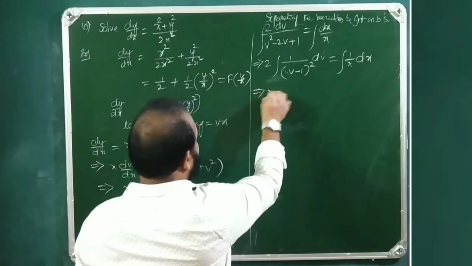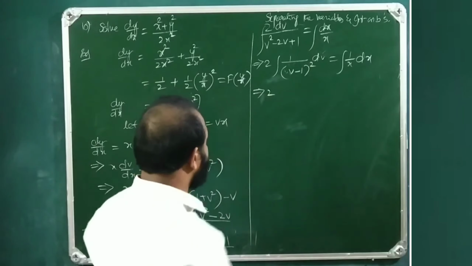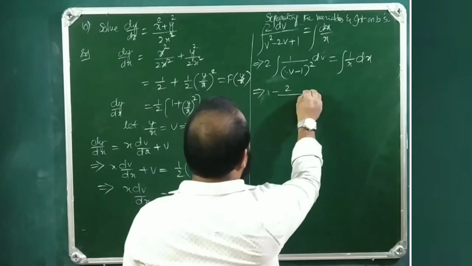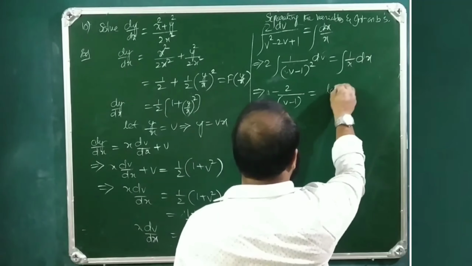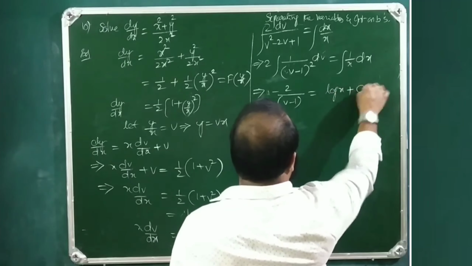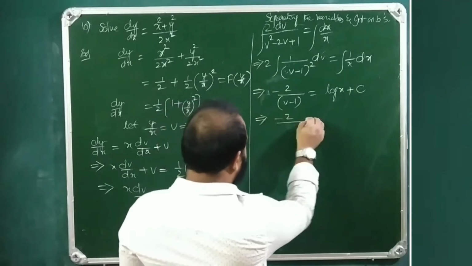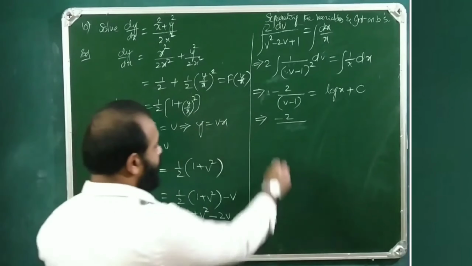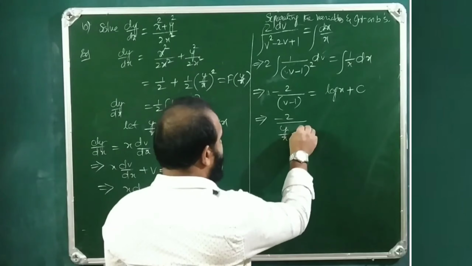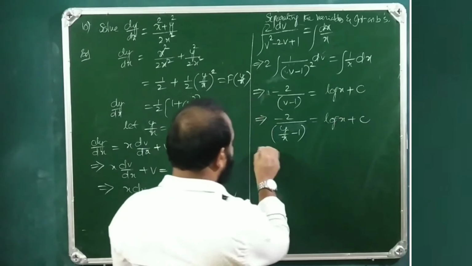Now this is 2 into integral 1 by x square dx, which is minus 1 by x. So this is minus 2 by (v minus 1) equals integral 1 by x dx, which is log x plus a constant of integration c. The value of v is y by x. So this is minus 2 by (y by x minus 1) equals log x plus c.